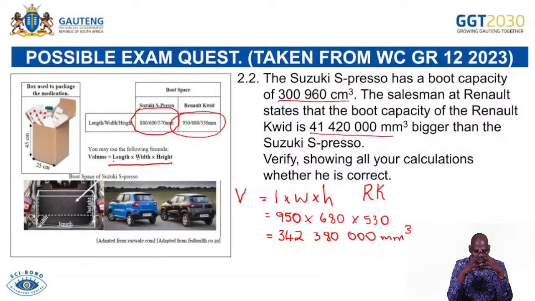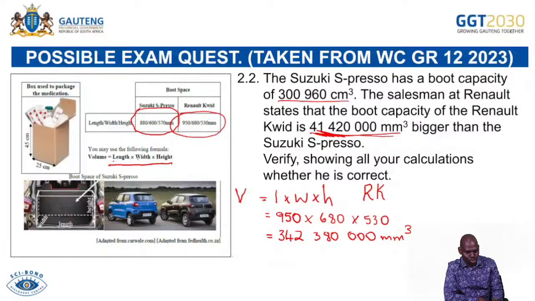The difference means I take the volume of the Kwid and subtract the volume of the Suzuki S-Presso, and the answer must be 41,420,000.